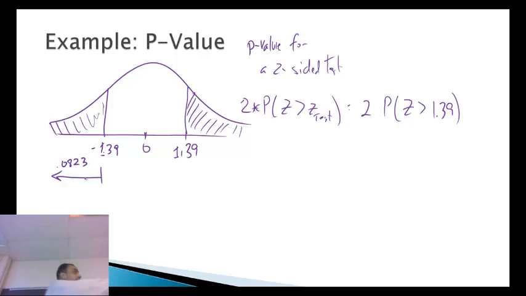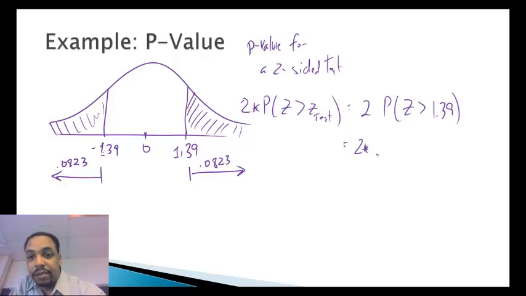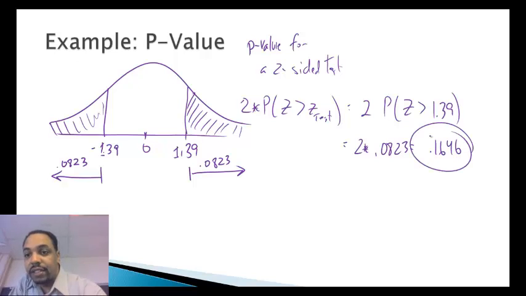Well, guess what? Use your math here, use your conceptual knowledge. If that's the area from the chart of being less than negative 1.39, then conversely, the area larger than a positive 1.39 is 0.0823 as well. So I'm going to say that's going to be 2 times 0.0823, which is 0.1646.